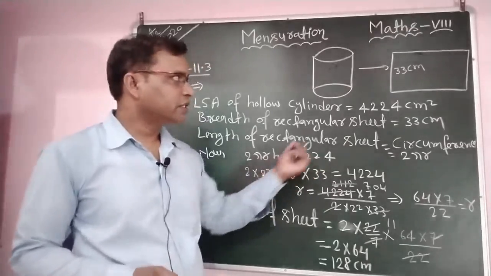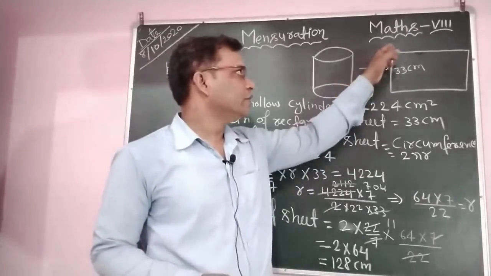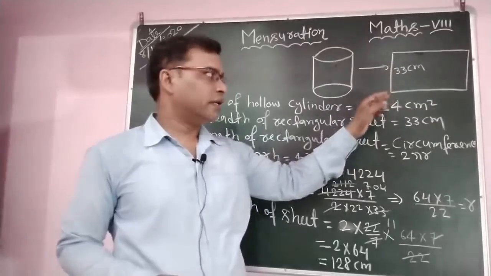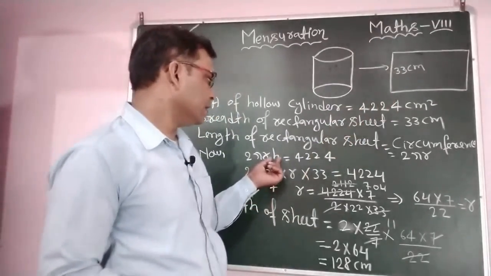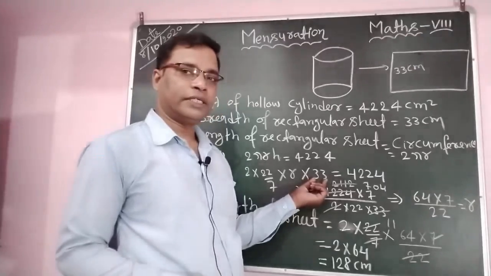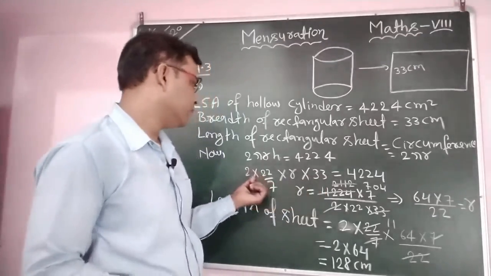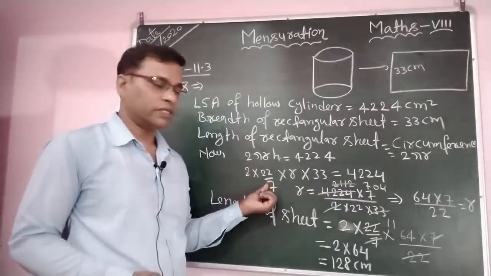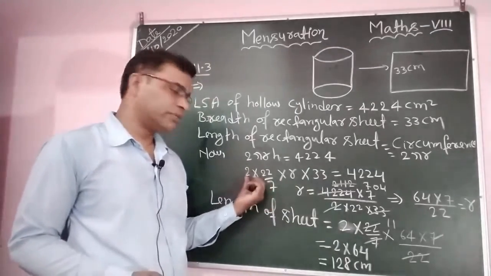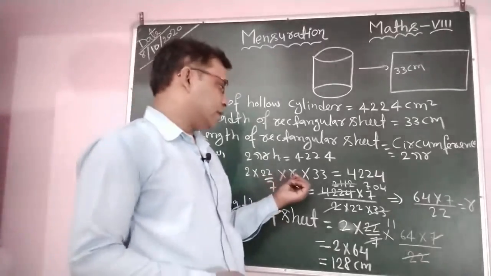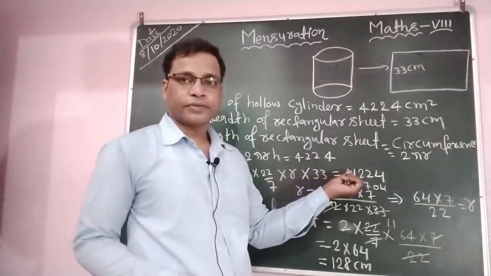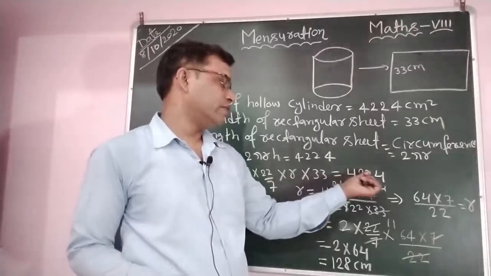And what is h? h is the height, and this is equal to the width of the rectangular sheet. So we take height as 33 centimeters, and the value of pi is 22 by 7. So we obtain 2 into 22 by 7 into r into 33 equal to 4224.